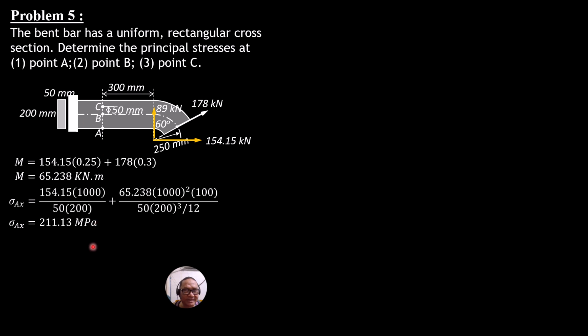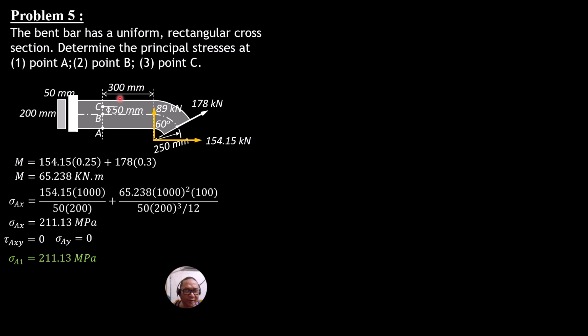If that is the case, then sigma Ax is the value of sigma 1, and this is the maximum. Sigma Ay is 0 also, therefore we conclude that sigma A1, the maximum normal stress, is 211.13 megapascals at point A.